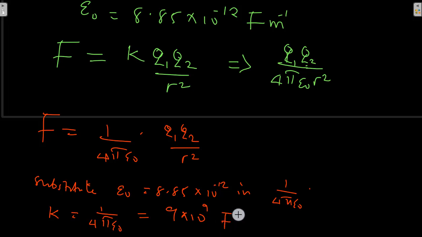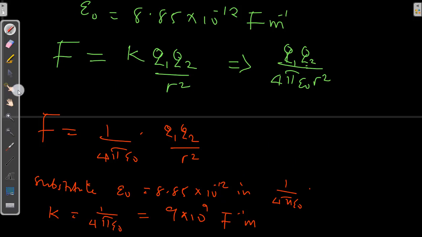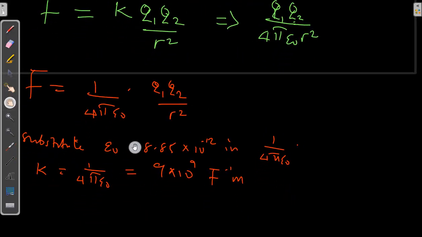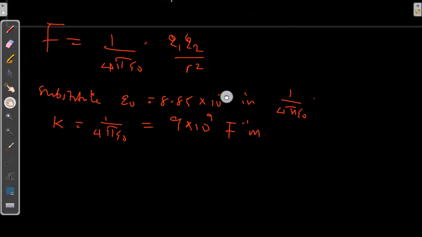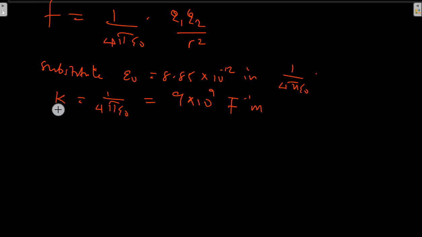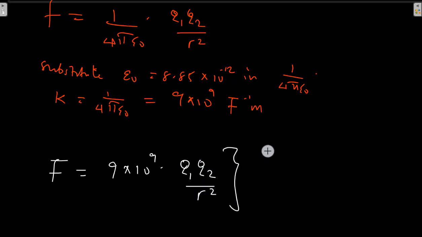Of course the units change. So for charges placed in air, we use this common form of Coulomb's law, and we say that the force is simply 9 times 10 to the 9 times Q1 Q2 over R squared for two charges placed in air.